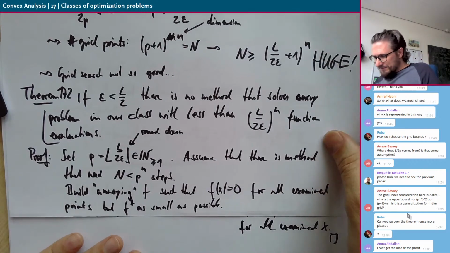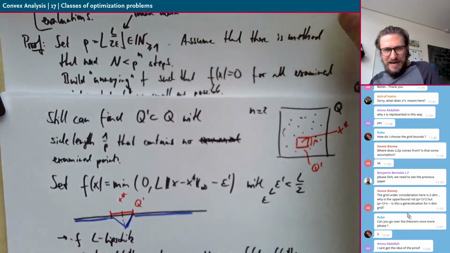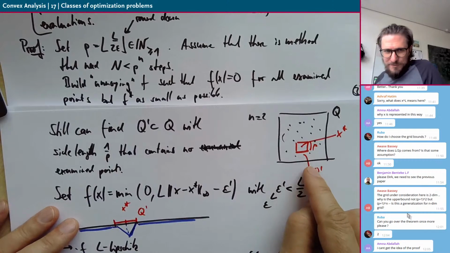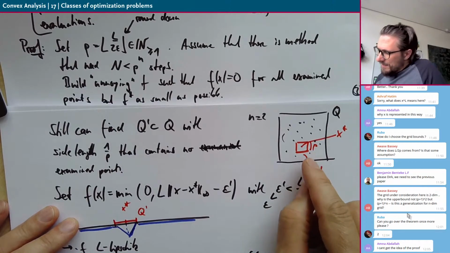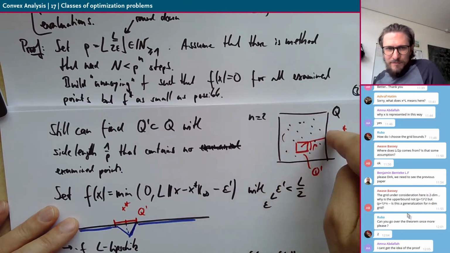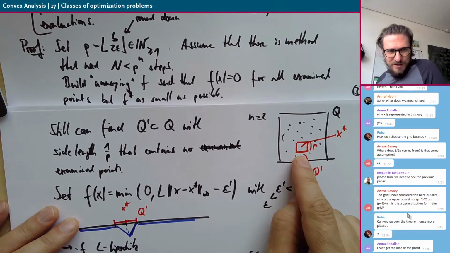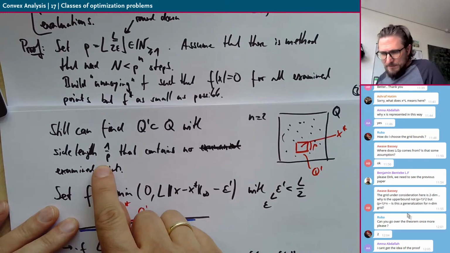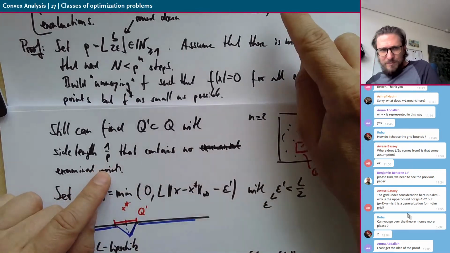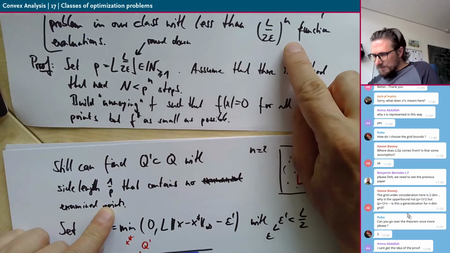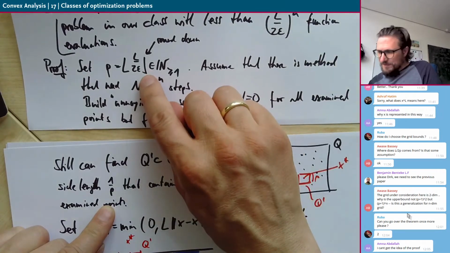So the idea is, it's a bit technical, but first to make sure that no matter how the points are here in the volume in our search space, there is still a small cube inside which has side length 1 over p, and this 1 over p comes from this value here.